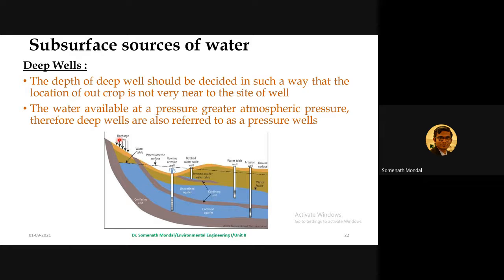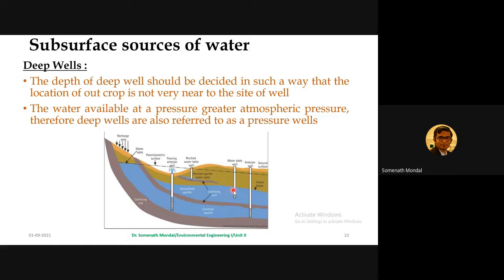So the same aquifer has gone up. Now this is the water table, so atmospheric pressure will exist over here. Here we would have more pressure than atmospheric pressure. Now there might be different types of wells, and all the different types of wells have been shown over here.